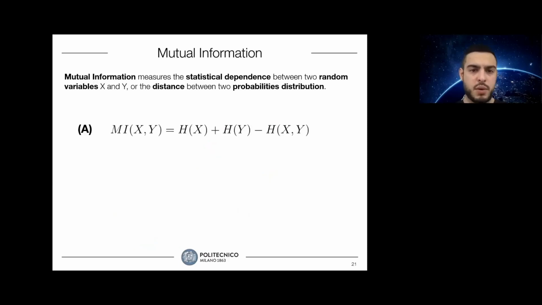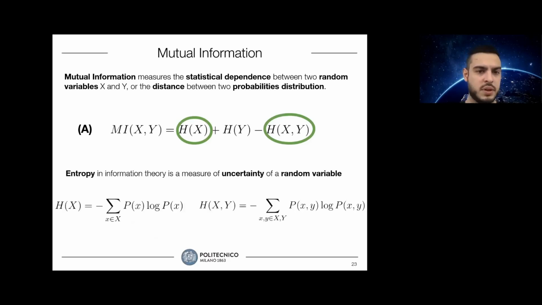Being the core of our work, I will introduce the basic concepts behind mutual information. It measures the statistical dependence between two random variables through the entropy's computation, highlighted here in green in the slide.